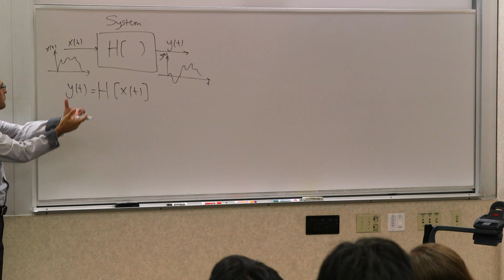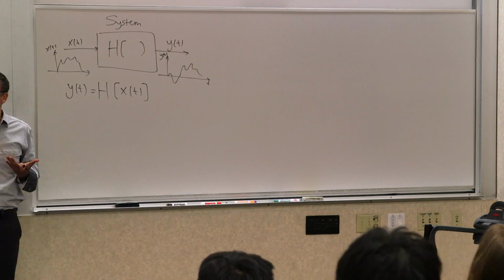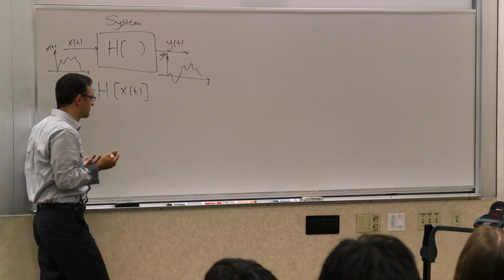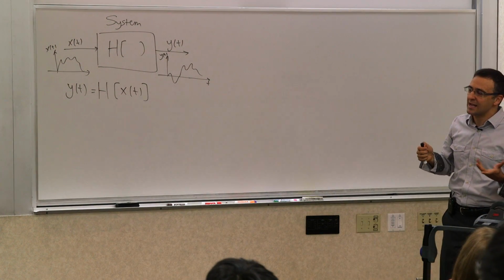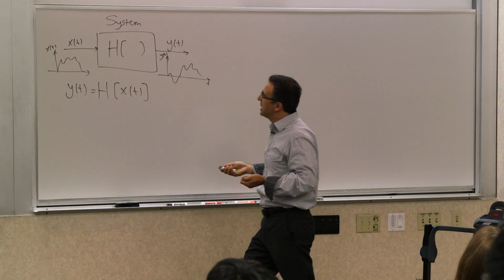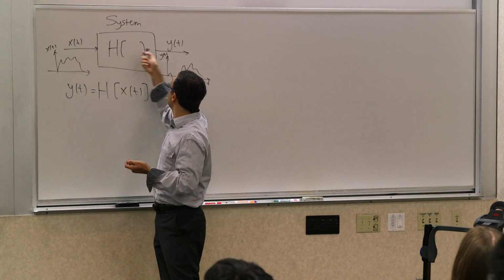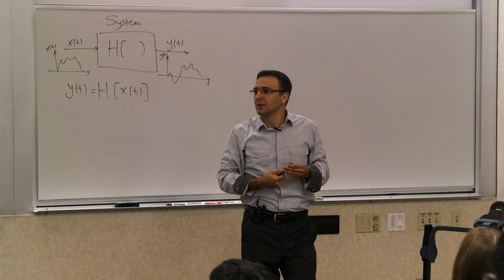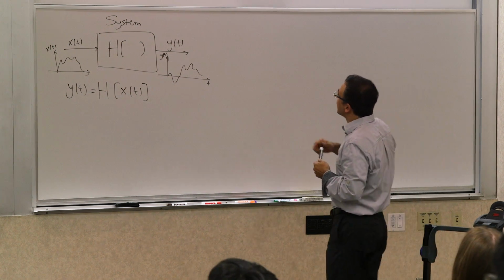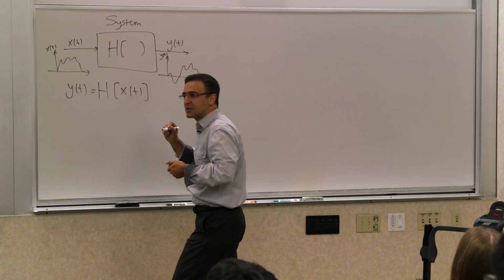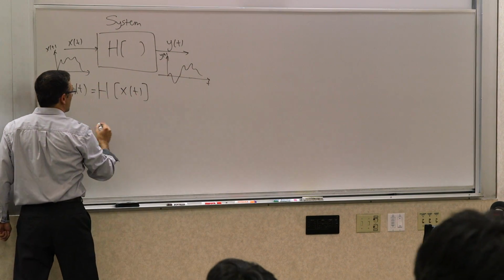You put something in, it produces something at the output. So it takes a function, it produces a function, if you think about it mathematically. If you want to think about it physically, something has an input. When you do something to the input, something happens at the output. Either way, the key point is that now you have a decomposition for your system, for your input. So this is the key part.